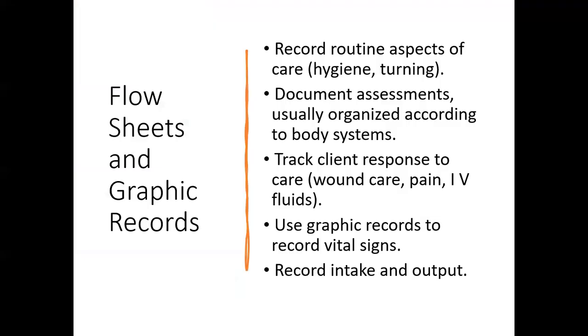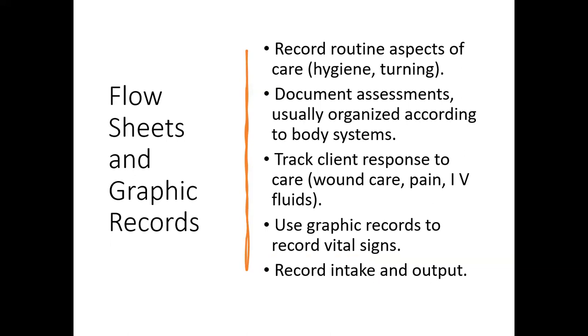All right, so flow sheets and graphic records. Flow sheets and graphic records allow you to see patterns and change in a client's status. Cerner, which is used locally, and I believe Meditech 2, allow you to pull up a vital sign page and you can see where your patient was at 8 o'clock, where they were at noon, and you can trend those. Same thing with I&Os, how much they put out last night, how much they put out today.